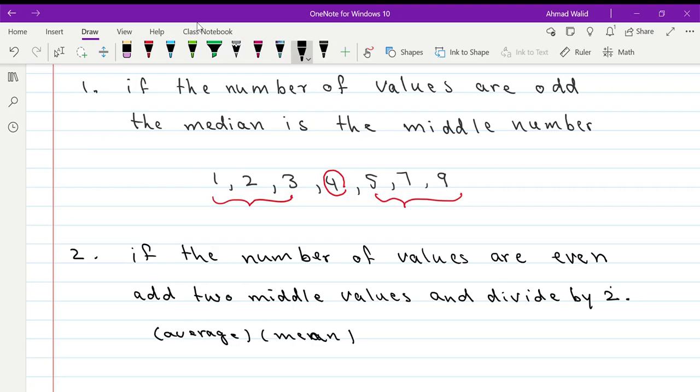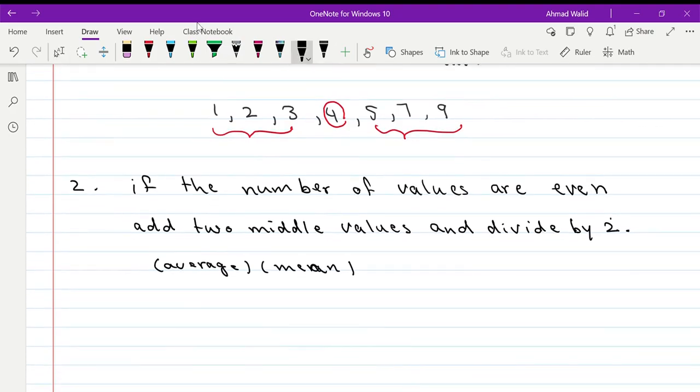The first data set, we had 1, 2, 3, 4, 7, 9. You see the number of values is even.